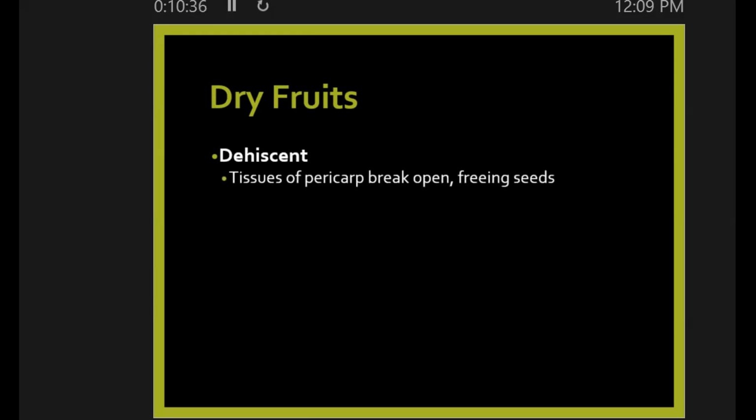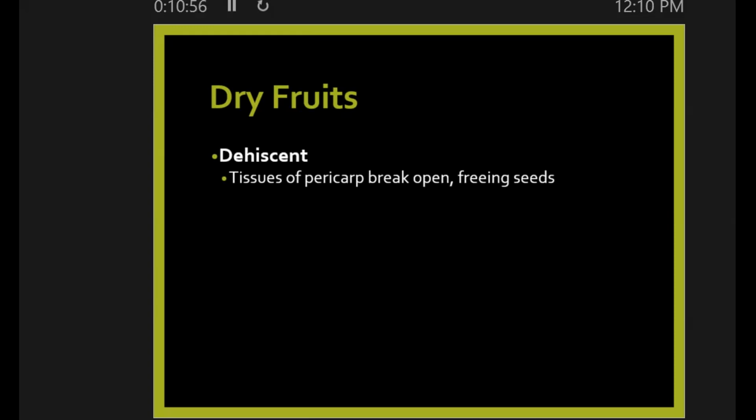And that is really looking at, so if you think about peas in a pod, for example, does the seam of the pod break open and release the seed when the seeds are good to go, or does the whole thing kind of fall off the mother plant and they stay sealed?